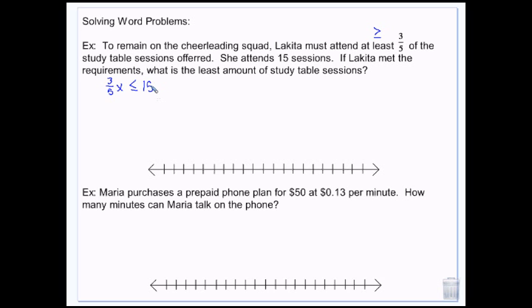Does that make sense? So we actually had to kind of flip that. 15 is greater than or equal to 3/5 of the x. Does that help? Have I completely lost you? No. Oh, okay. Right with you.